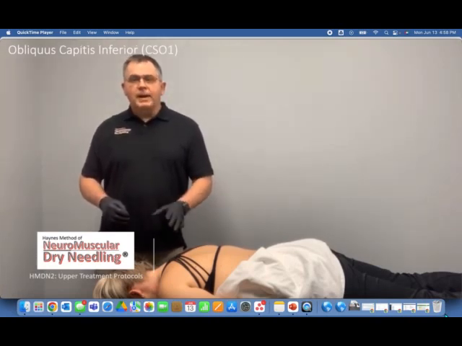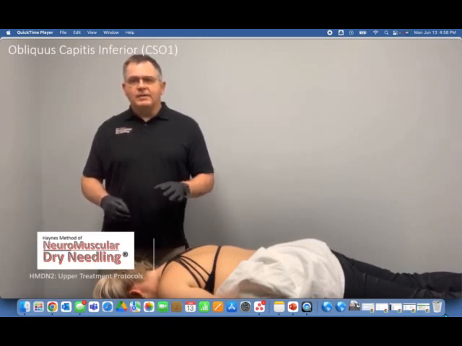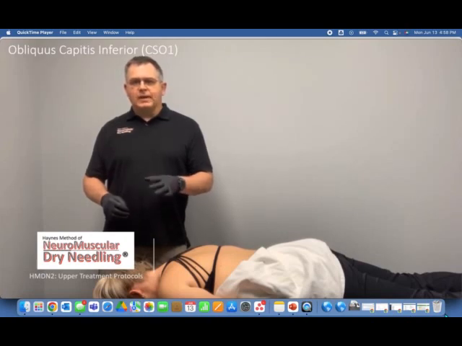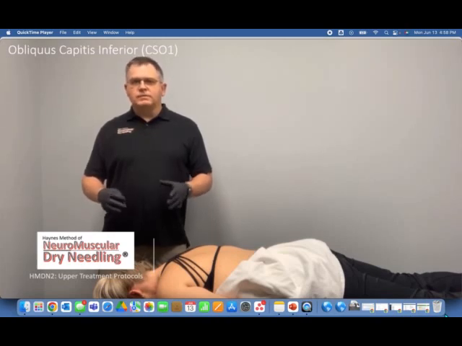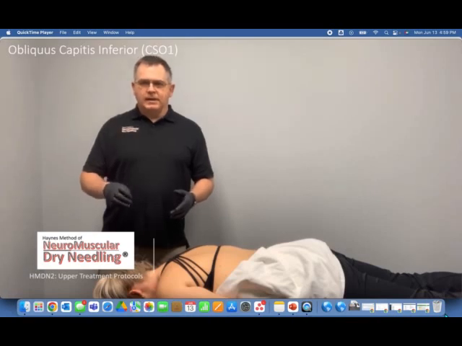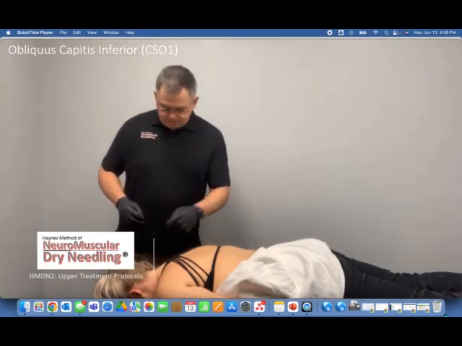Here we're going to palpate the spinous process of C2 and the transverse process of C1. At a midpoint between the two landmarks, we're going to needle at a slightly inferior angle, about 15 degrees, in a perpendicular angle relative to your palpated landmarks, which will be slightly lateral to medial onto the lamina of C2.